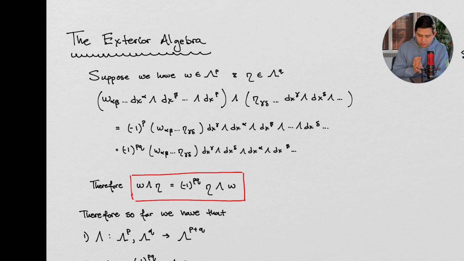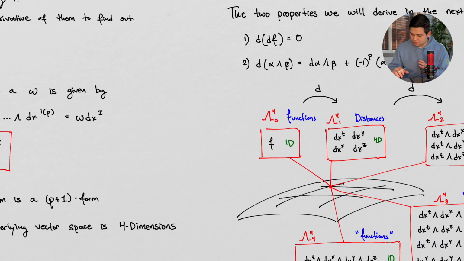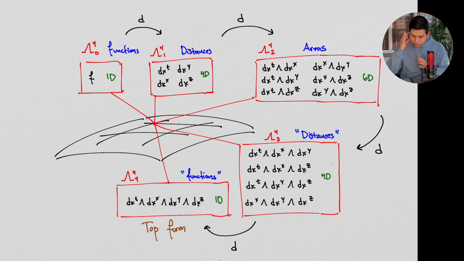So today we are talking about the exterior algebra. Right off the bat, I actually want to show this to you. I think this is going to be very useful. Again, we're dealing with an underlying four-dimensional space right now, because when we're talking about GR and special relativity, our underlying vector space is 4.